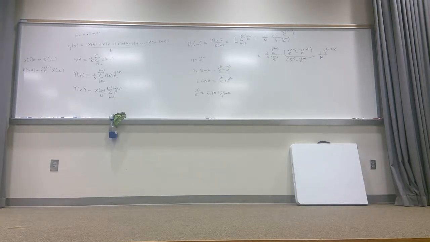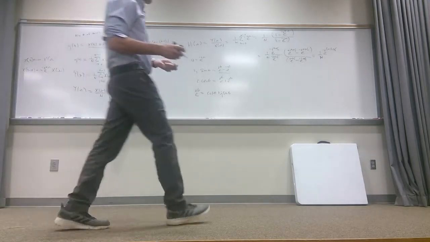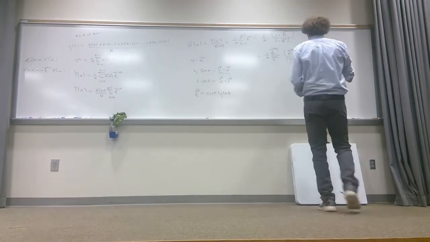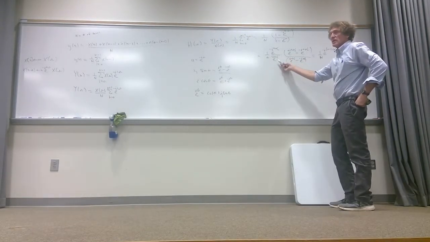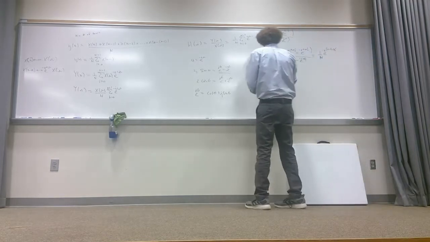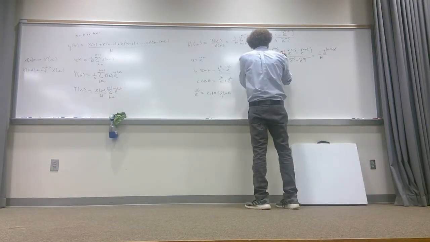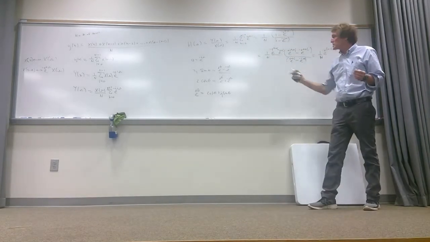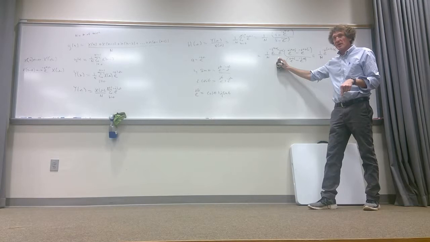Is that e to the negative j times n minus 1? Yeah, and what I did is here, if you just watch this, all right? If this is e to the minus j n omega over 2, right? Just watch this, and you'll see. What if I take this upstairs? Doesn't this become e to the j omega over 2, right? It was e to the minus j omega over 2 down here.